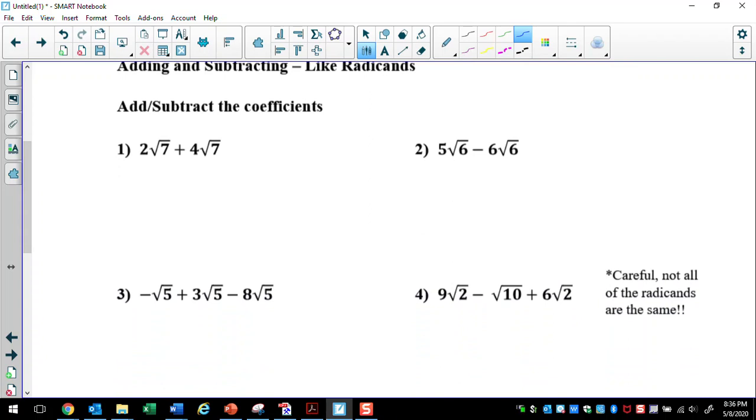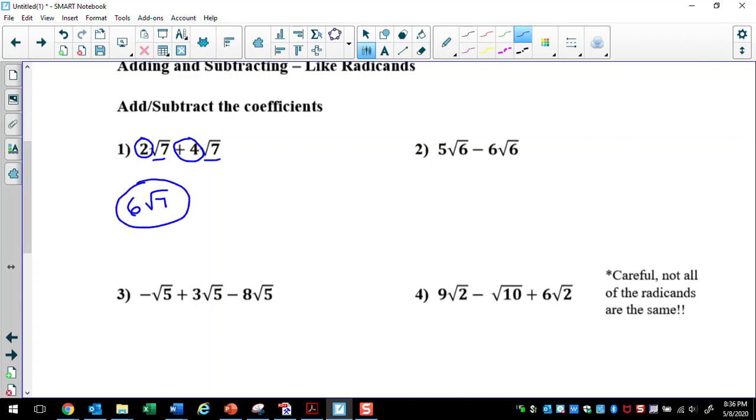So in this case, they are. I've got radical 7 and radical 7. That's great. So what that means is I'm going to add together the coefficients. So 2 plus 4 gives me 6. And then just like like terms, I then just carry down that same square root. Right? The radical 7 just comes down.